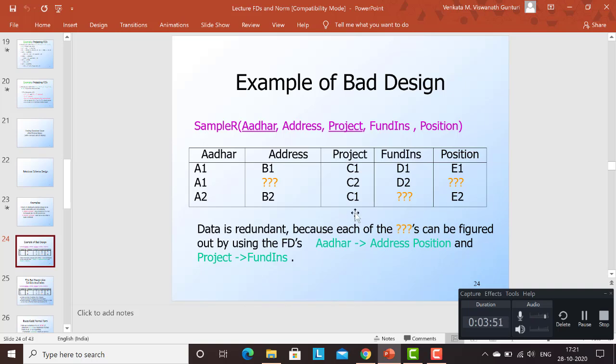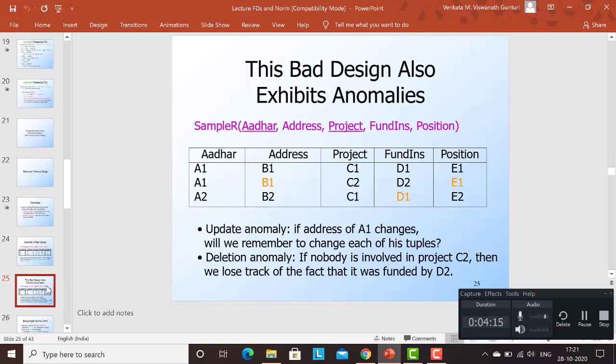And for the project, you give me a project number, I can tell you who is the funding agency. So project number implies funding institution. These are our two FDs which hold in the business application that we're trying to model.